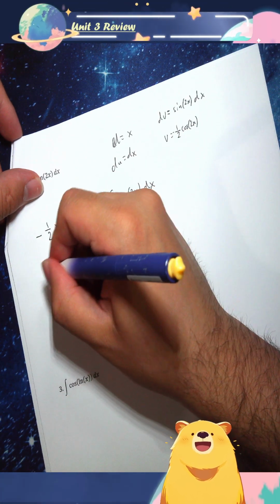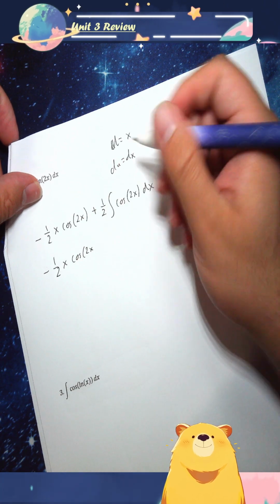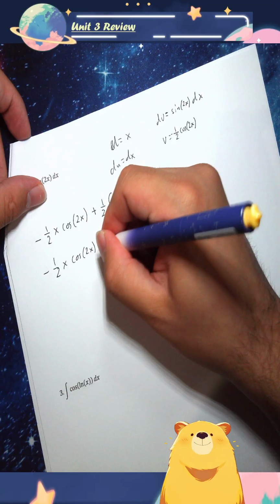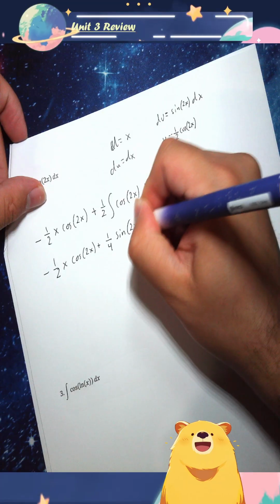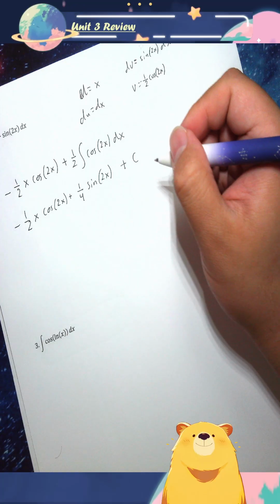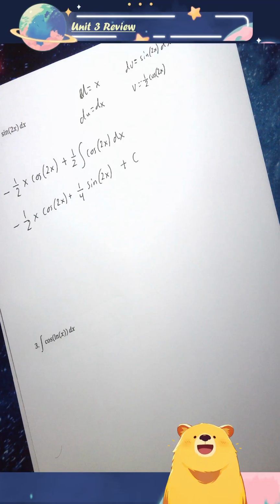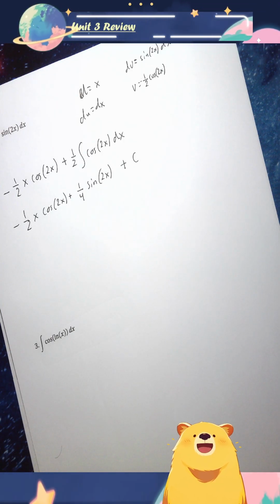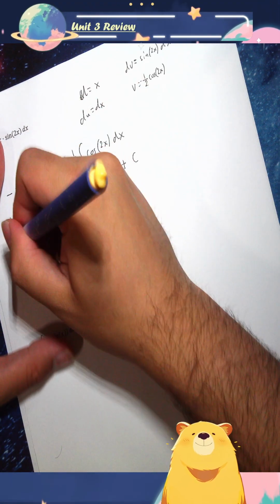That just comes out to 1 over 4 sine of 2x, and then plus c. Okay. I'm just checking my answer key, just making sure I have everything mentioned here. Okay, cool.